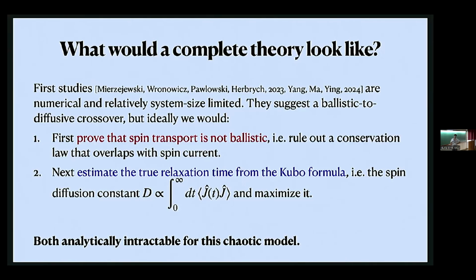Second, we would, of course, compute the Kubo formula to estimate the relaxation rate. The problem is that the Kubo formula is so hard to compute in generic cases that no one actually does it analytically away from integrable limits. So I expect both of these to be analytically intractable for this chaotic model, which is why we need something simpler.